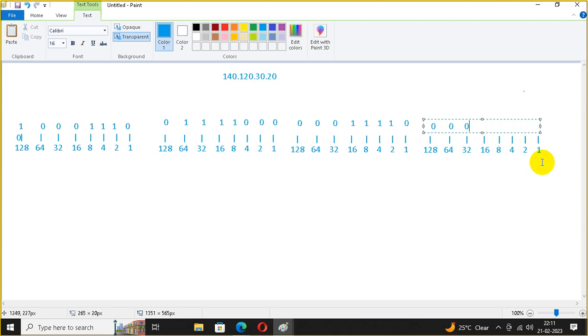The calculation is wrong. 64 plus 32 is 96. 96 and 16 is 112, and plus 8 is 120. Okay, it's right.